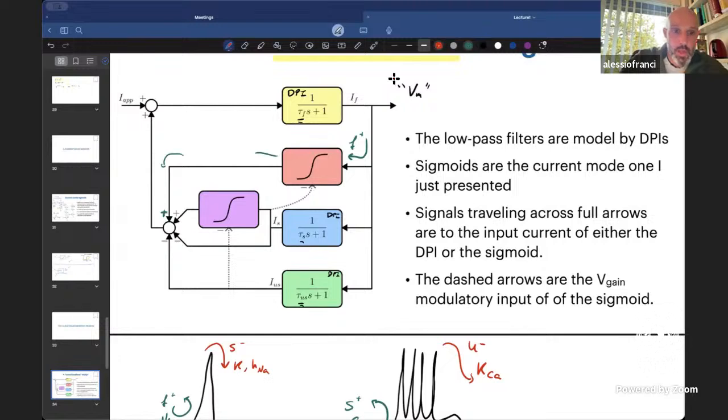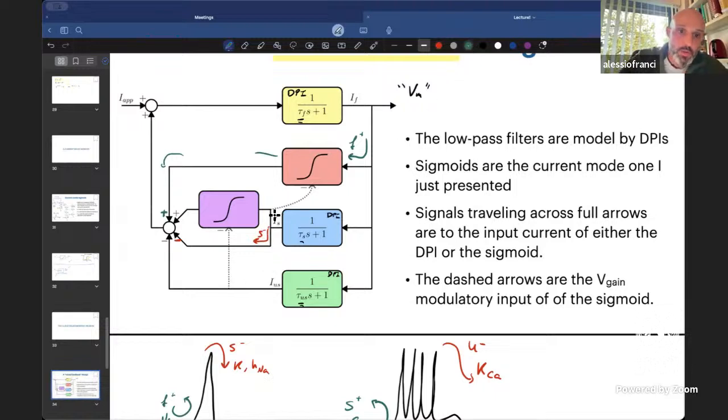First of all, you have the current that enters the DPI, which is a linear differential equation. The output of this linear differential equation is fed directly through here, but now with a minus sign. This branch corresponds to the slow negative feedback of a neuron.